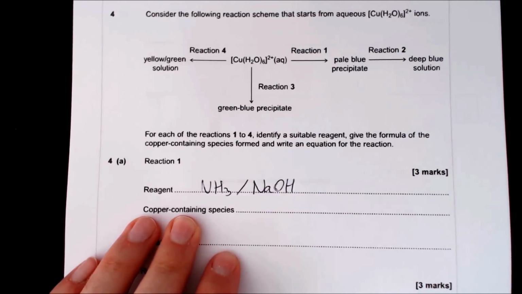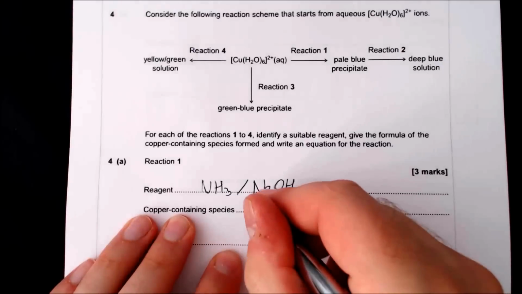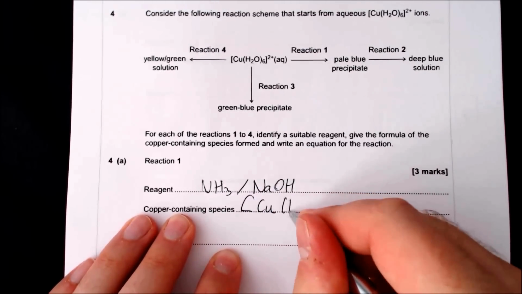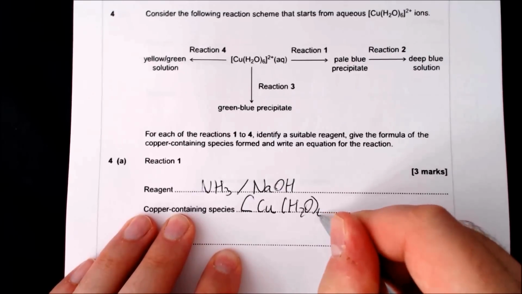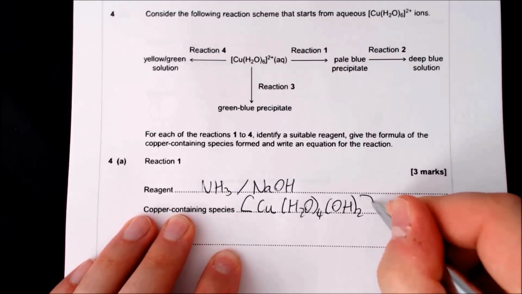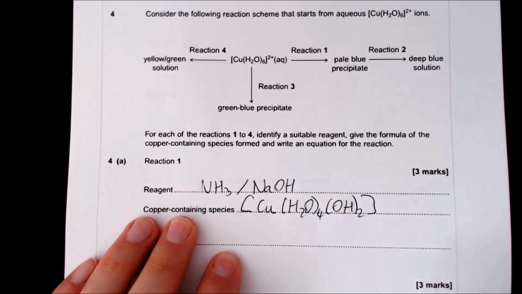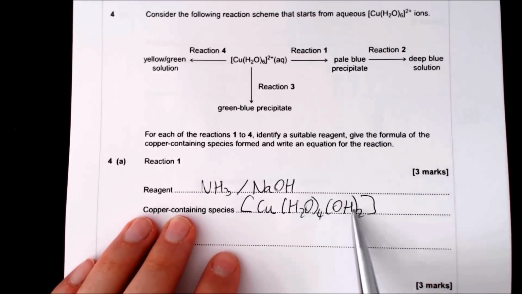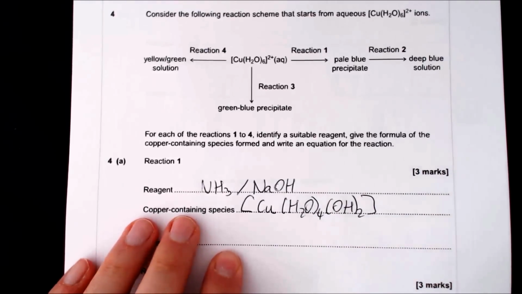It's certainly not in excess. So the compound you would actually get would be [Cu(H2O)4(OH)2], no charge on there, and effectively we've lost 2 of the water ligands, which are now OH ligands, so it's just with a small amount.